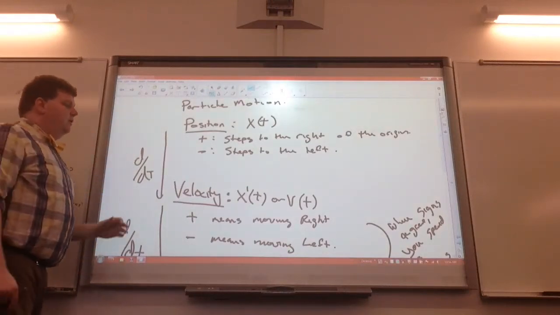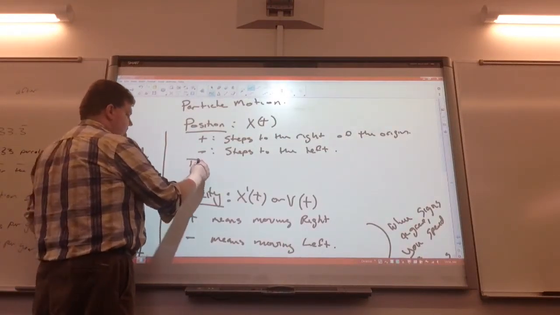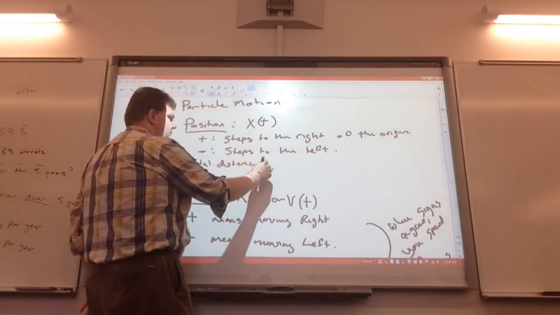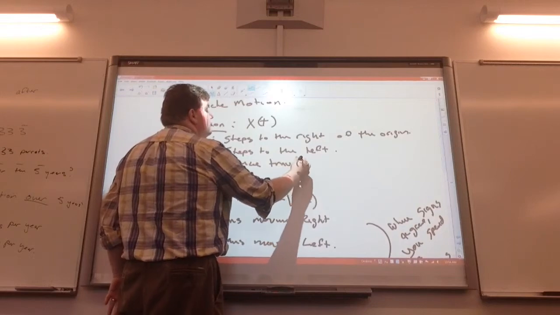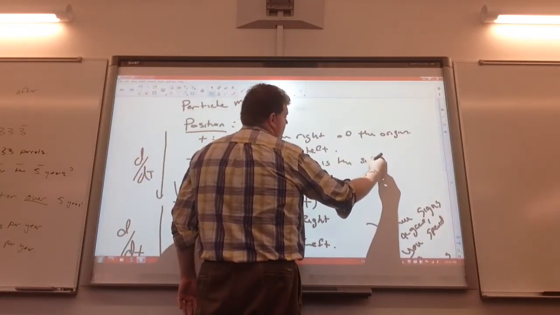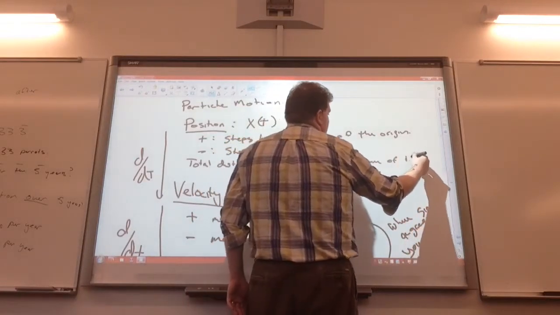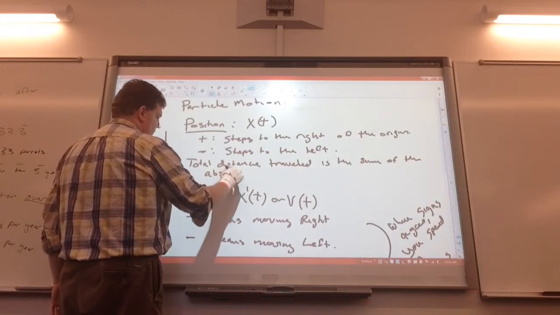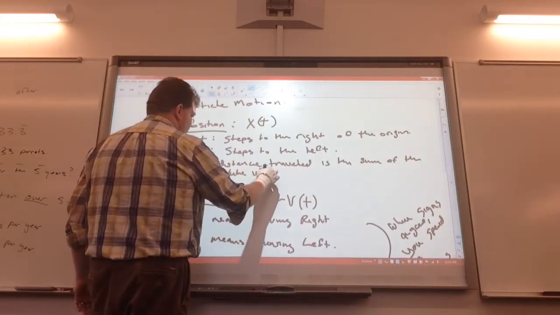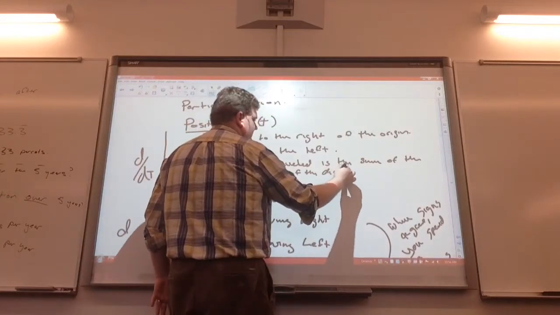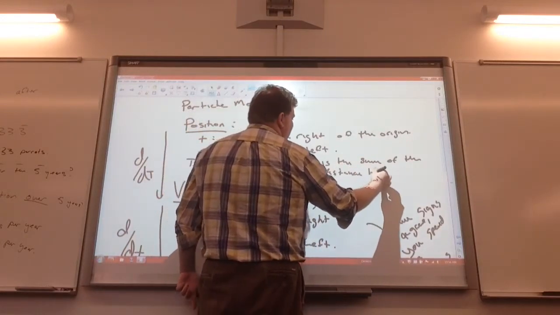So, total distance traveled, if you just do the absolute value, is the sum of the absolute value of the distances between time points.